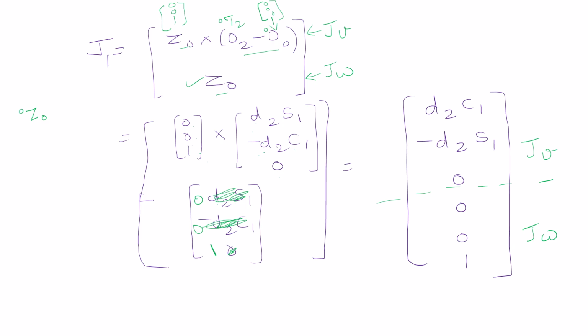So to get the cross product, we need to multiply these two: 0 into 0 minus 1 into minus D2C1. So you will be getting plus D2C1. That is how you get the first element.